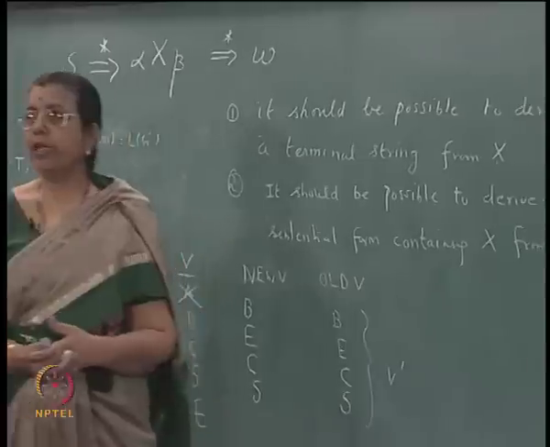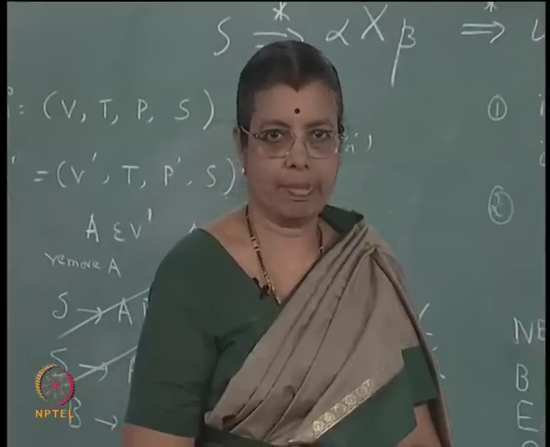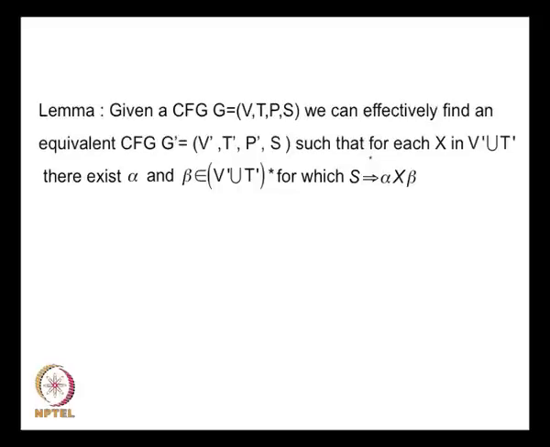It should be possible to derive a sentential form containing the symbol from the start symbol, otherwise it is a useless symbol. So, the second portion is like this. Given a context free grammar G equal to (V, T, P, S), we can effectively find an equivalent context free grammar G dash equal to (V dash, T dash, P dash, S), such that for each x in V dash union T dash, there exist alpha and beta in (V dash union T dash) star, for which from S it is possible to derive alpha x beta.